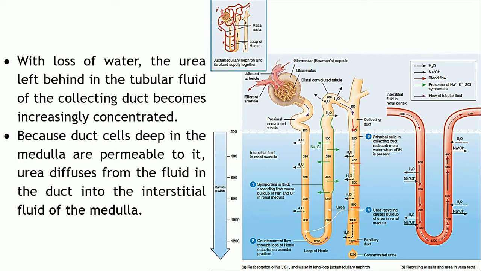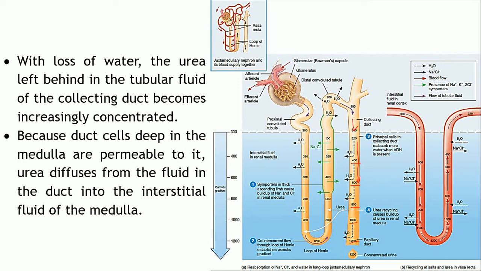There are two different types of cells, and mainly these are responsible for the reabsorption of water under the influence of ADH. So as more and more water leaves the fluid, the osmolarity of the travelling fluid keeps increasing, because the solute concentration goes on increasing.